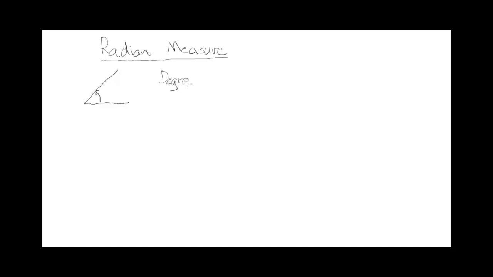So a degree. But the question I'm going to ask you right now is, what is a degree? Now this is kind of the way you're familiar with measuring angles. So to you, or often to students, this kind of seems like the only way to measure an angle.